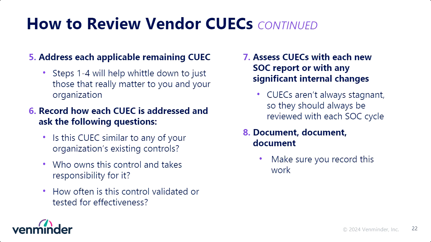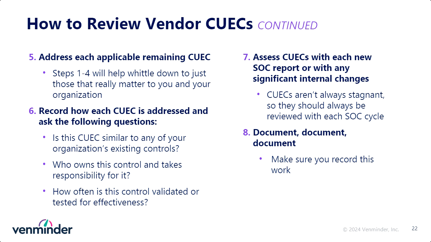Okay, so step 5 is to address each applicable remaining CUE. Steps 1 through 4 are going to help you whittle down to just those that really matter to you and your organization. And then you're going to want to record how each CUE is addressed and make sure you're asking the following questions. Is the CUE similar to any of your organization's existing controls?